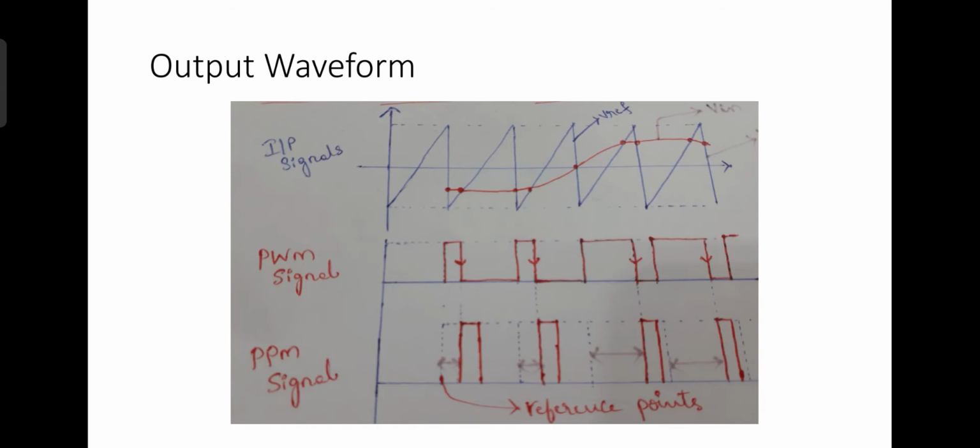So in the PWM signal the amplitude of the pulses remains constant, but the width of the pulses gets changed.